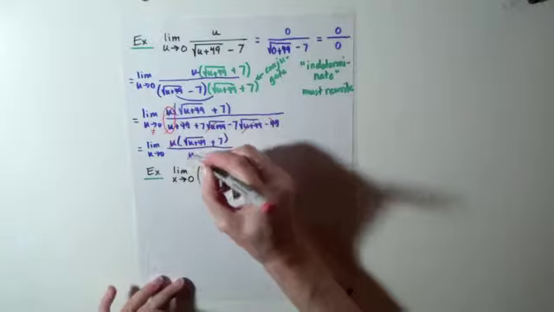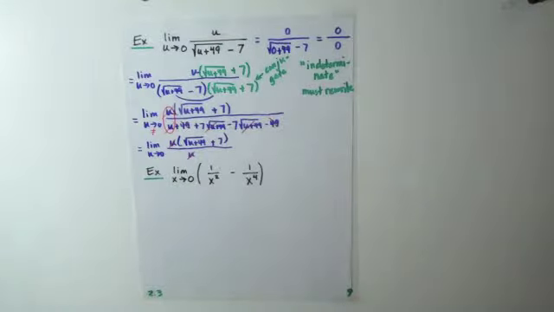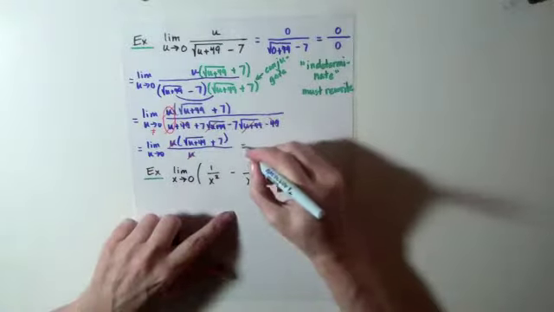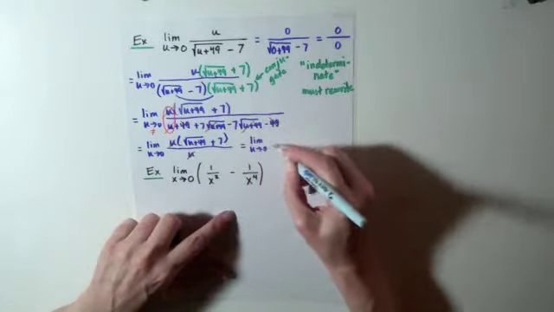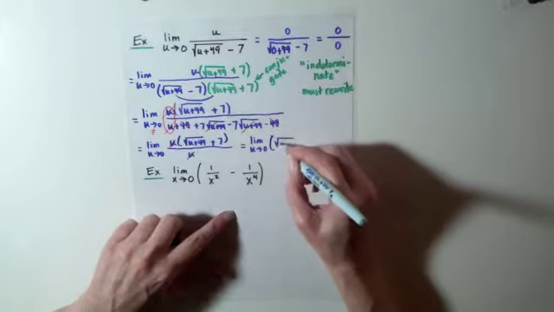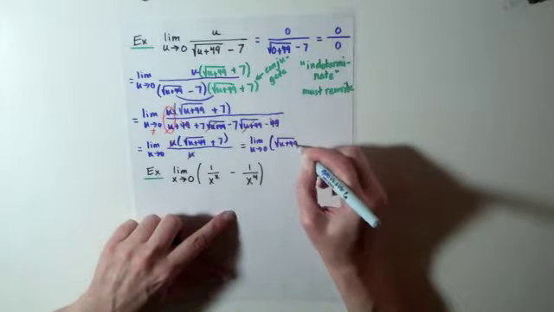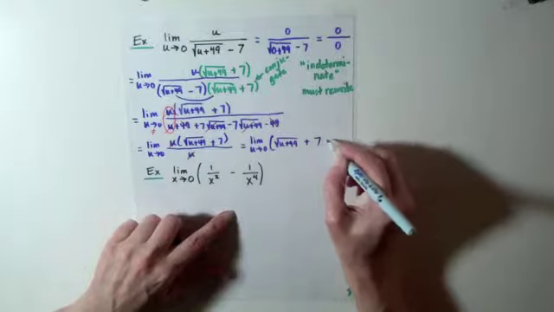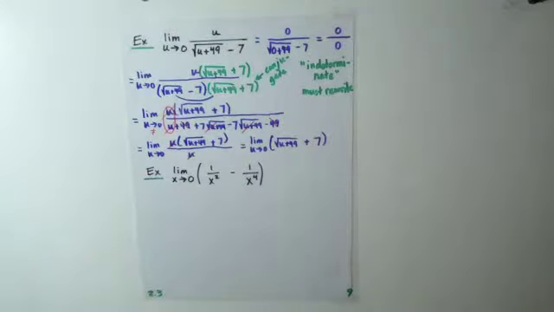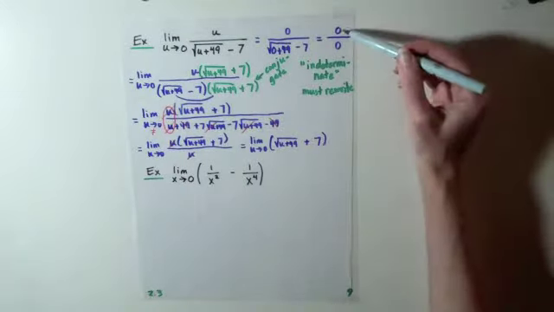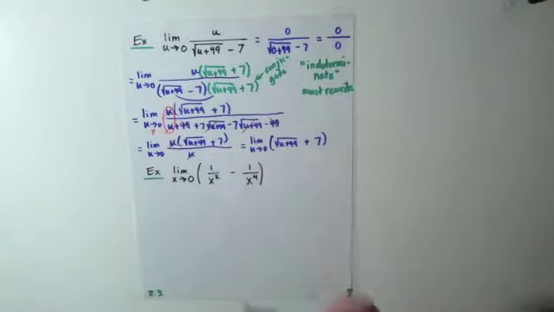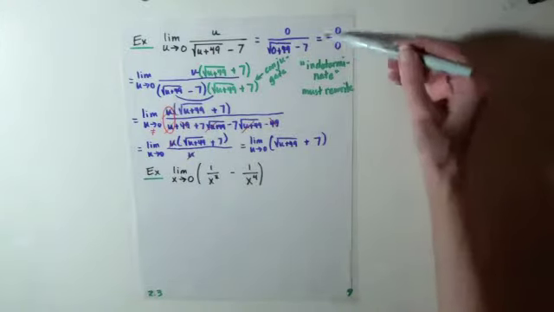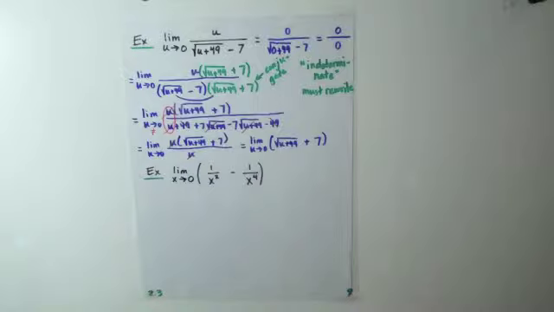I sort of did that ahead of time, but now we can cancel those u's, and I am left with just the limit as u approaches 0 of square root of u plus 49 plus 7. I'm finally left with something that I believe will not give me an indeterminate form. It was this u that was in the numerator and the denominator, that factor of u was what was going to 0 in the top and the bottom and giving me this 0 over 0.